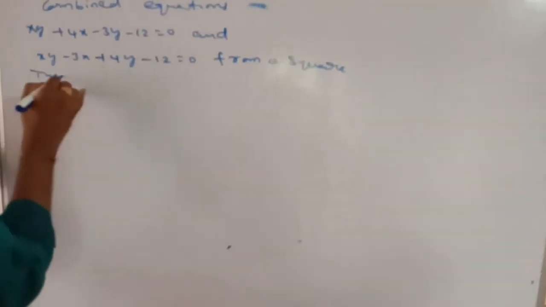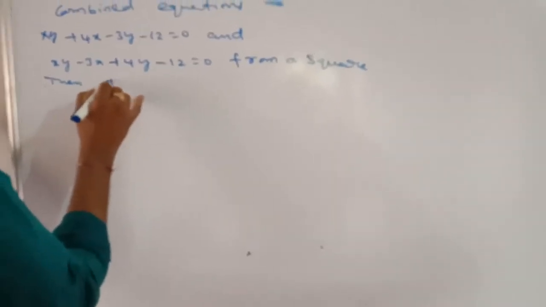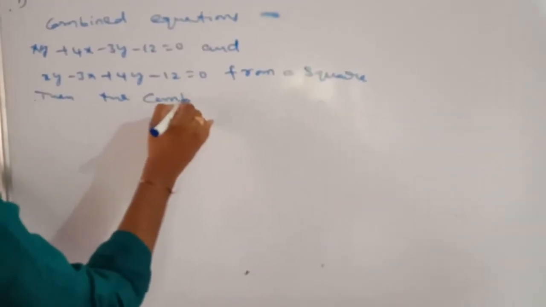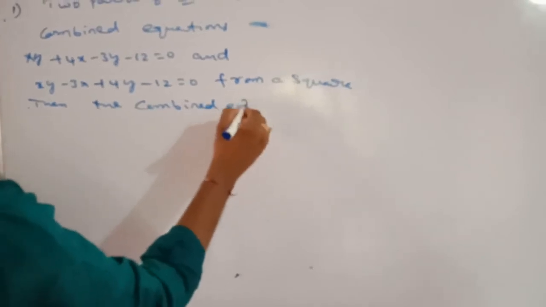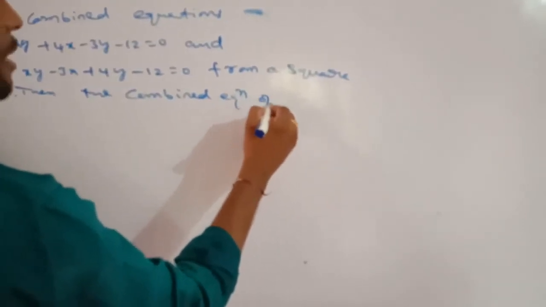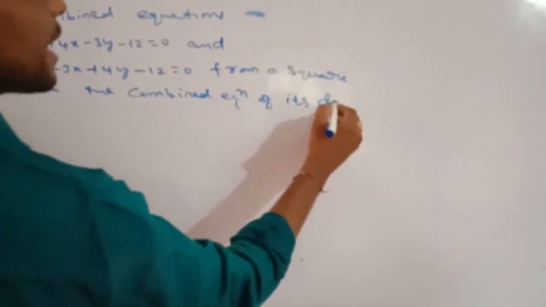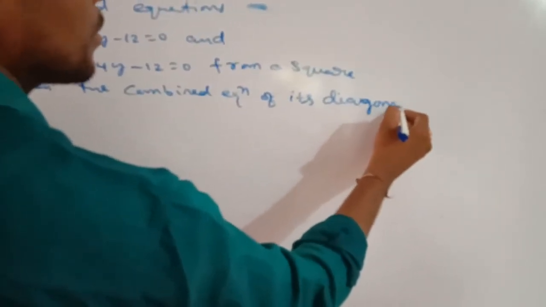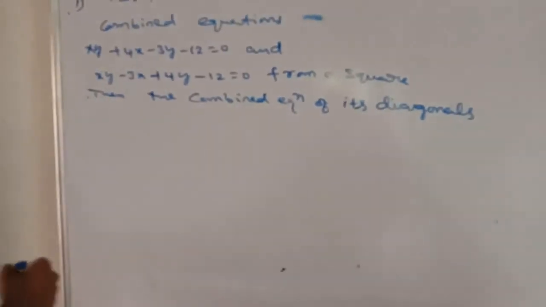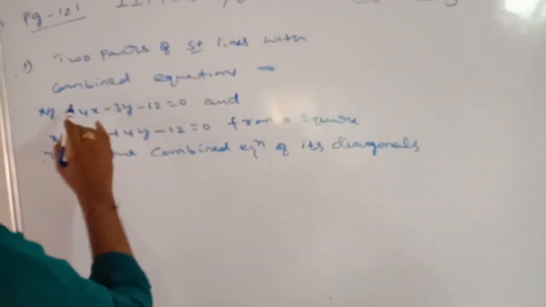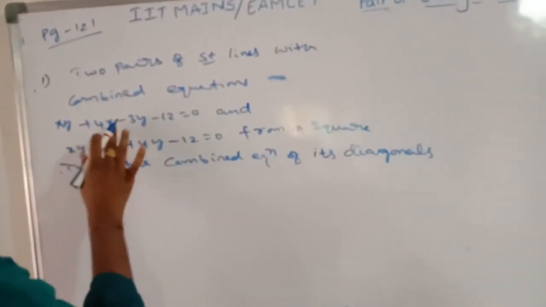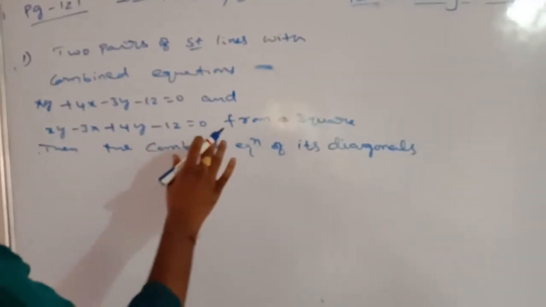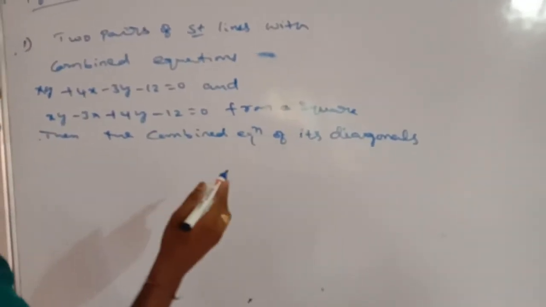Then the combined equation of its diagonals. That means the first one is a pair of lines and the second one is the other pair of lines forming a square. Then the combined equation of diagonals.